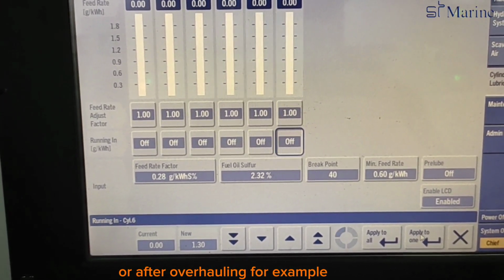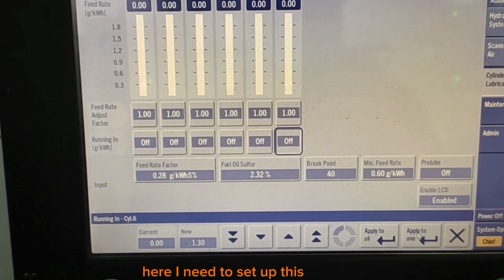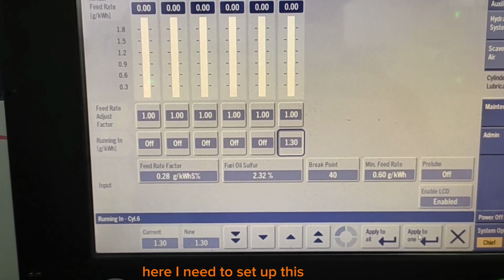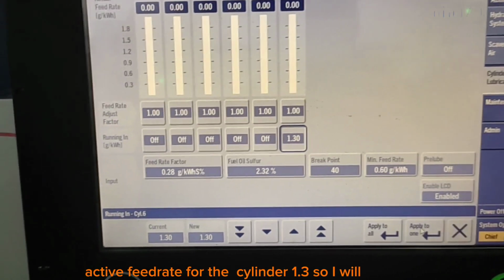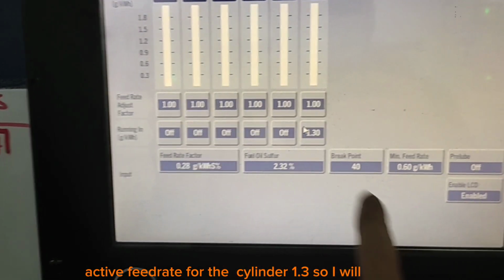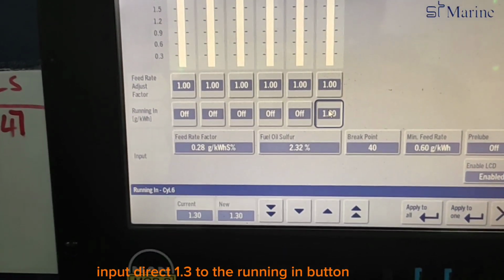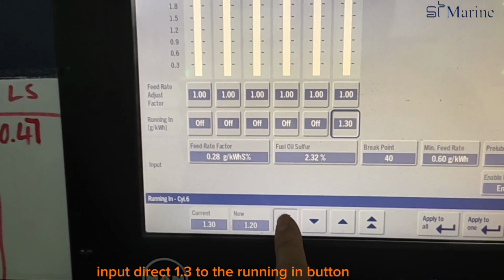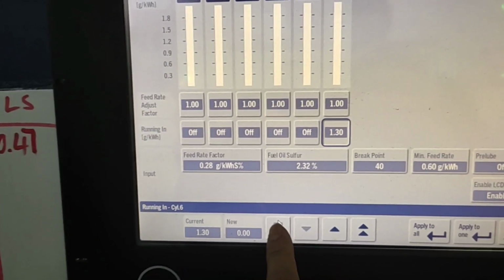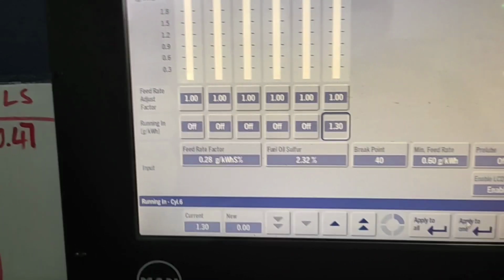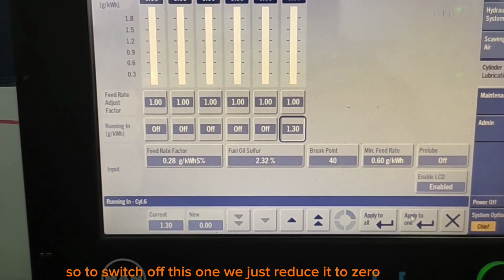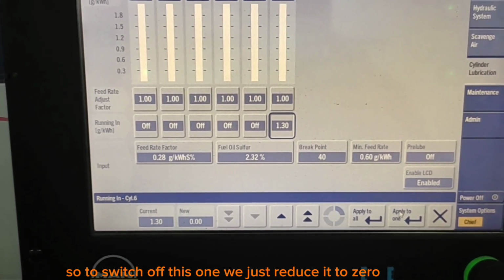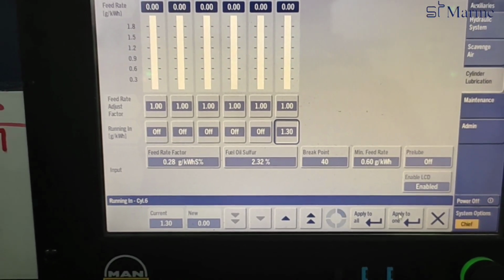For example, here I need to set the actual feed rate for the cylinders to 1.3, so I will input 1.3 directly to the running in button. To switch this off, we just reduce it to 0.